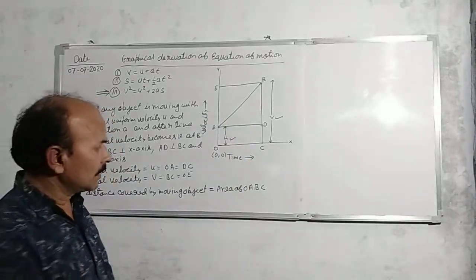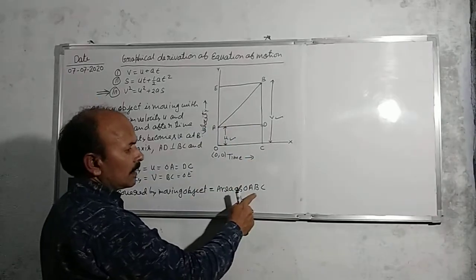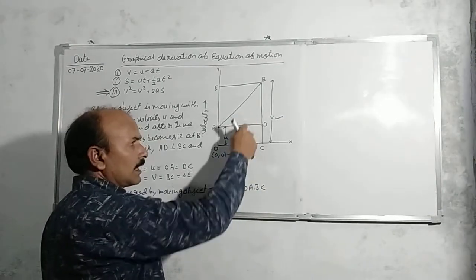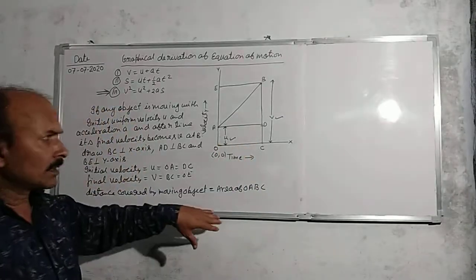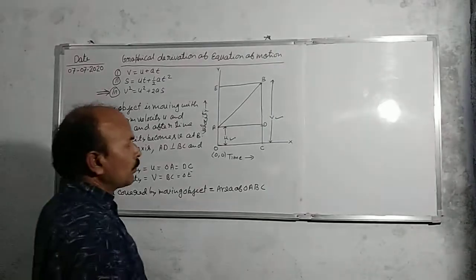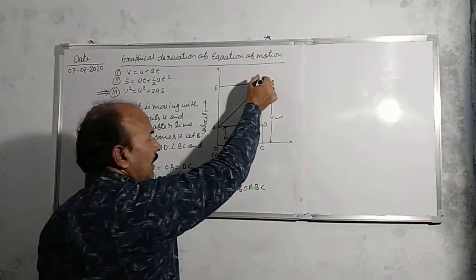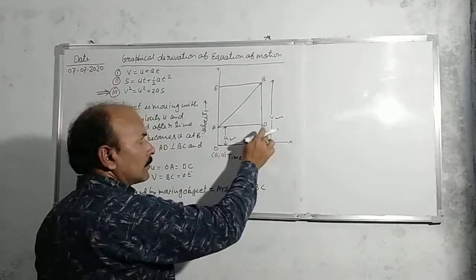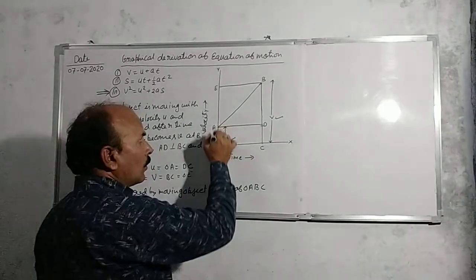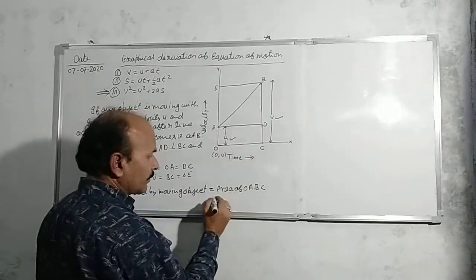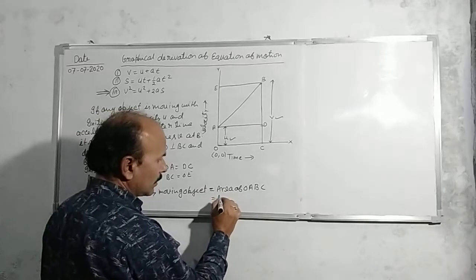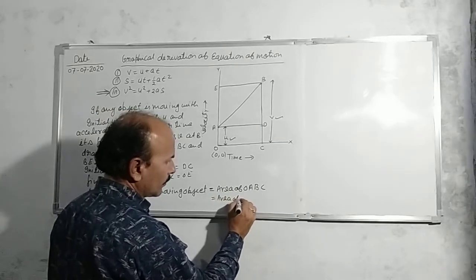In the second equation, we split the area of OABC into the area of a triangle and the area of a rectangle. But in the third equation, there are two parallel lines, AO parallel to BC. So OABC is a trapezium.